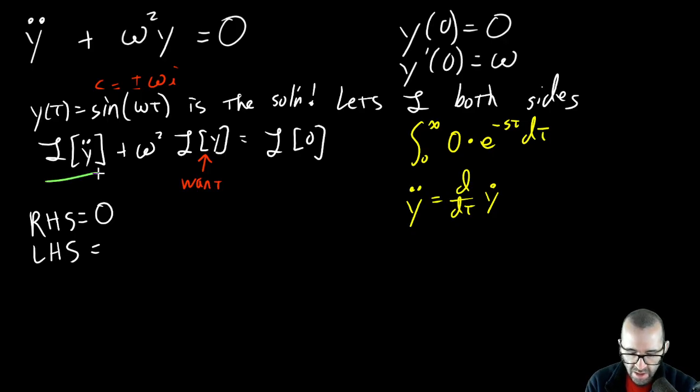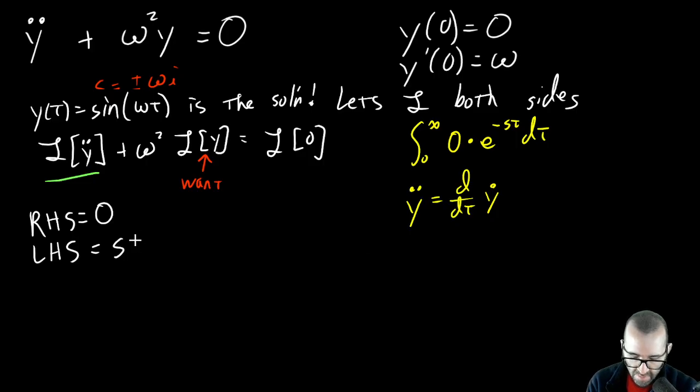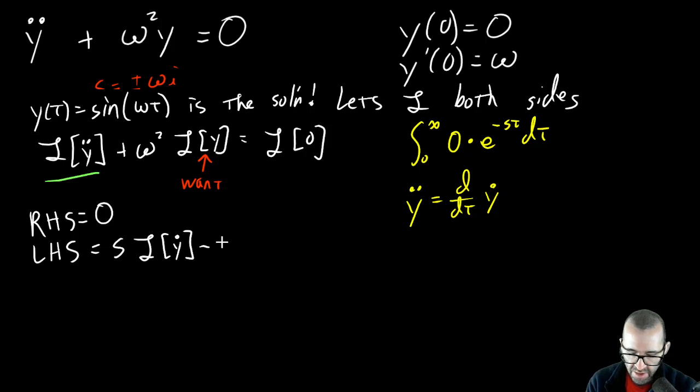So this part right here, the L of y double dot, that is just going to be the derivative of y dot. So using the property, that's going to be s times L of y dot minus the initial condition of the inside function, which is y dot.